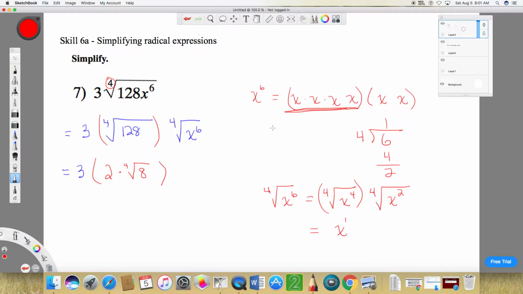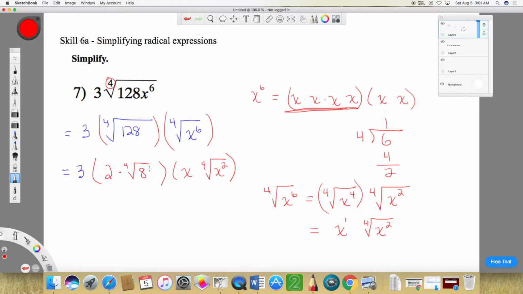That's just x to the 1st power. But I can't simplify this other one. I have to leave it like that. So what our scratch work over here has shown us is that this 4th root of x to the 6th is x times the 4th root of x squared.